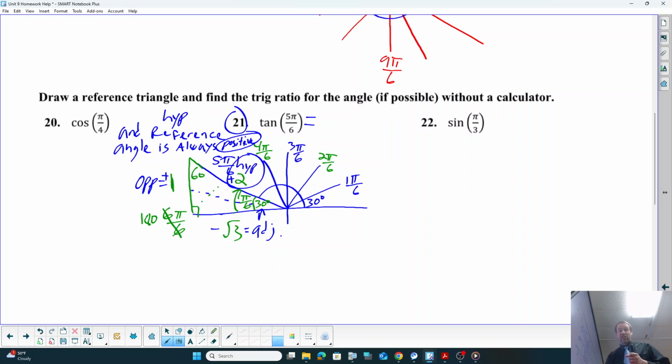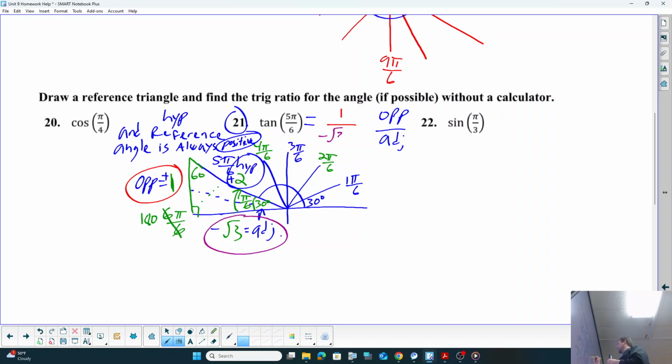So what is tangent again? We did a lot of work there. Tangent is opposite over adjacent. So let's find opposite. Opposite is positive 1 over adjacent, and adjacent is negative radical 3. So now we just need to rationalize the denominator. We're going to multiply by radical 3 on the top and bottom.